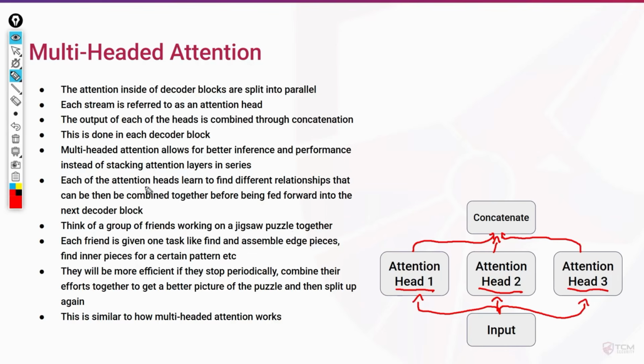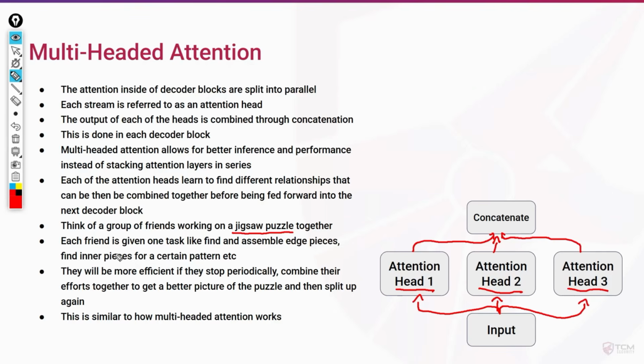So there's an analogy I like to use when thinking about that, and that is, think of a group of friends who are working together on a jigsaw puzzle. So this is those puzzles where they have a bunch of pieces that are cut out with a jigsaw initially, and they fit together, right? Like your standard puzzle. Each friend in this group is given one task, like find all of the left edge pieces or right edge pieces and assemble all of those together on your own.